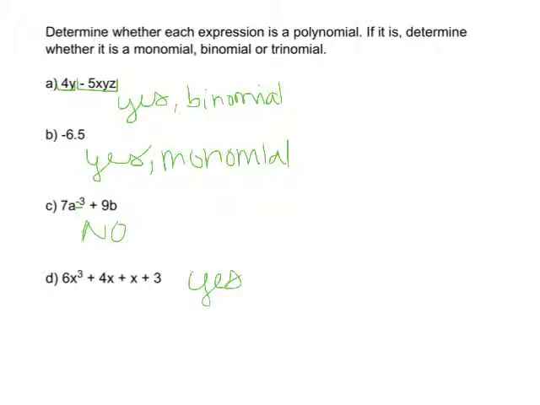This is considered yes, and it will be considered a trinomial because 6x cubed plus 4x plus x plus 3 can be simplified to 6x cubed plus 5x plus 3. So then I would have three terms, because remember that a 4x plus an x would equal 5x.